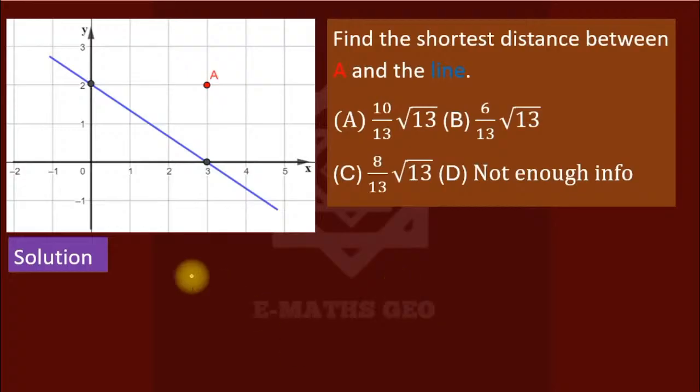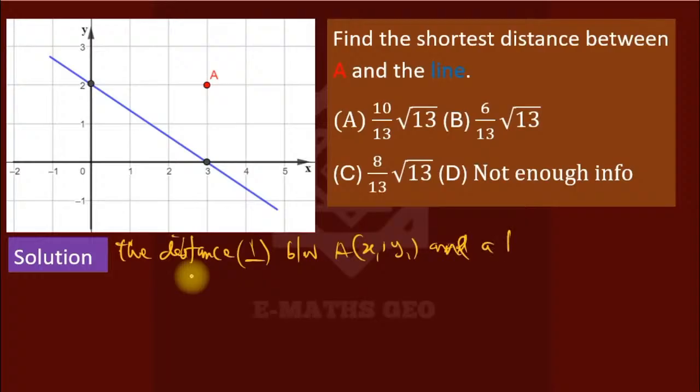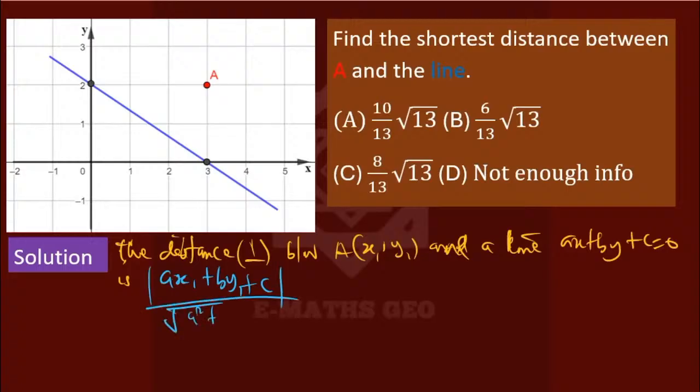So we use this formula: the shortest distance, as perpendicular distance, between a point with coordinates x1, y1 and a line ax plus by plus c equal to 0 is equal to the absolute value of ax1 plus by1 plus c over the square root of a squared plus b squared.